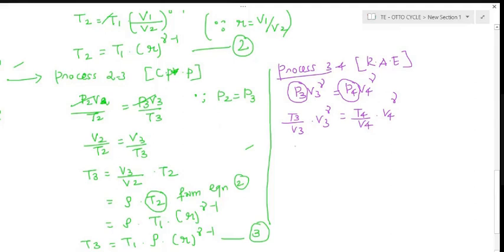So T3 divided by T4 equals (V4 divided by V3) whole power gamma minus 1.